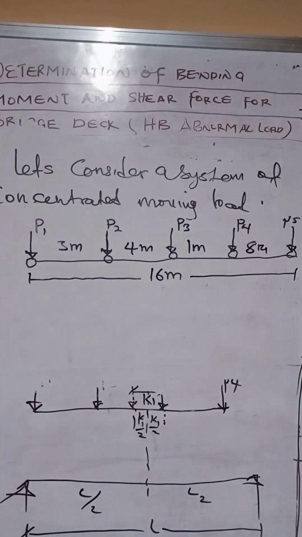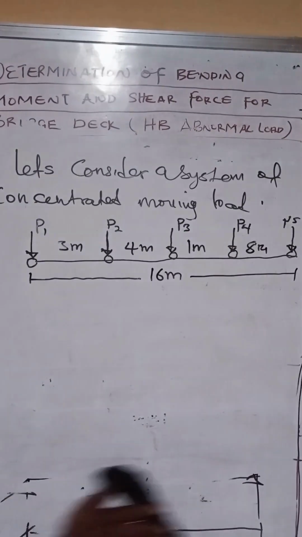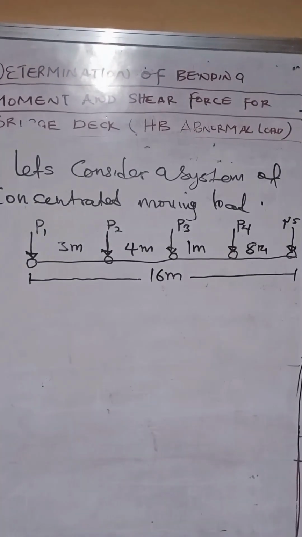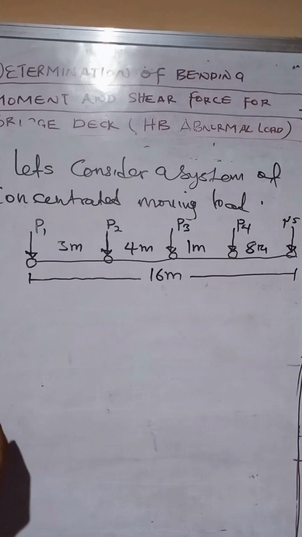So now we have the total length to be 16 meters from P1 to P5. Now this load is expected to run on a simply supported beam. So the first thing we need to obtain is the resultant load and the center of gravity of this resultant load.